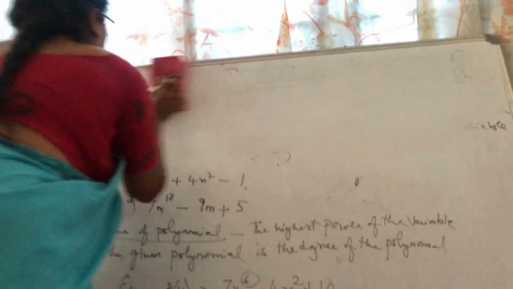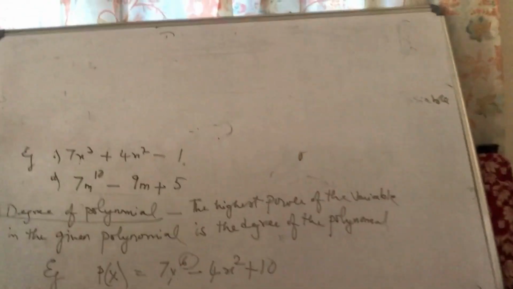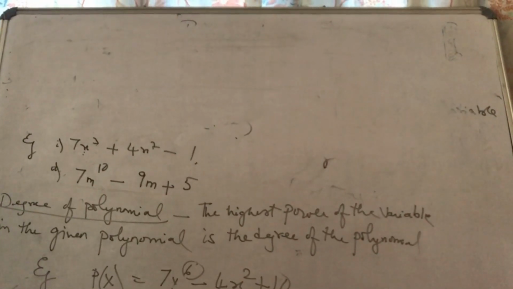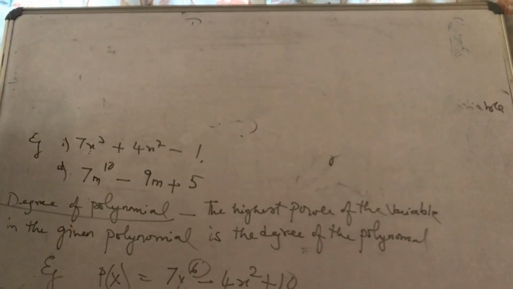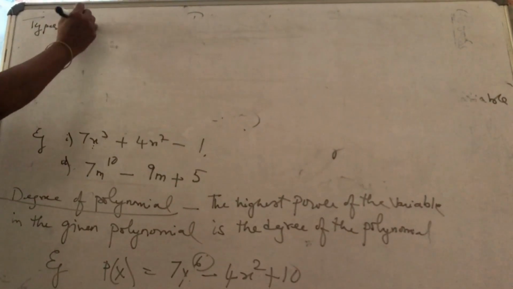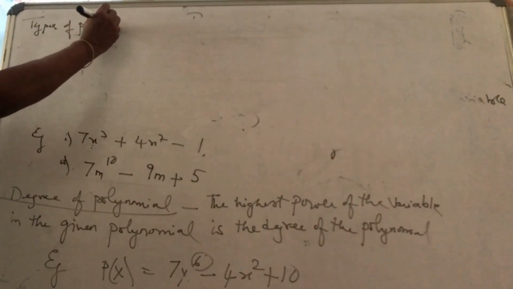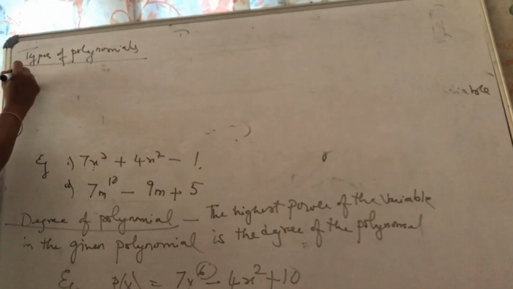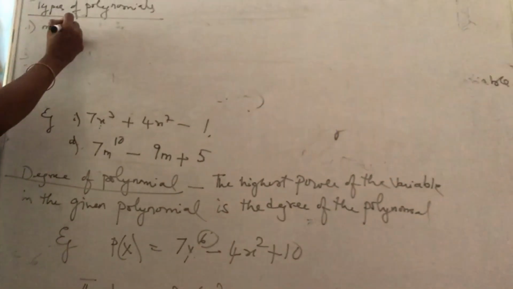A polynomial can have any number of terms, children. It can have 1 term, 2 terms, 3 terms, and so on. Types of polynomials. One is monomial.